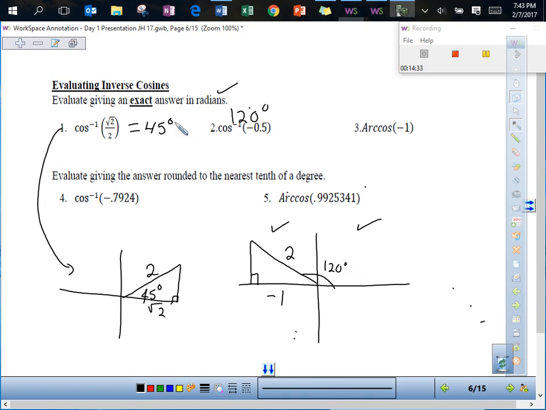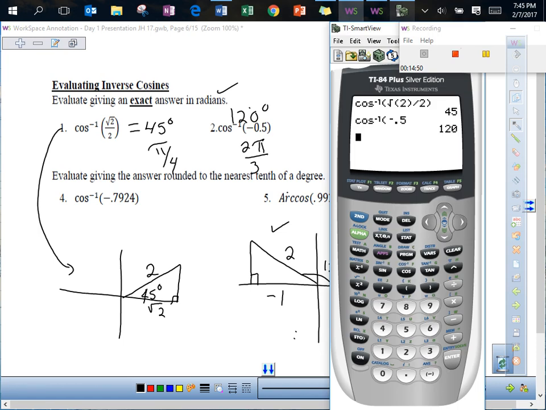To convert these to radians, we know that 45 degrees is really pi fourths. I know 120 degrees is 2 pi thirds. If you couldn't do those in your head, no big deal. There's 120. I'm going to divide it by 180. I'm going to go math, enter, and put a pi with it.